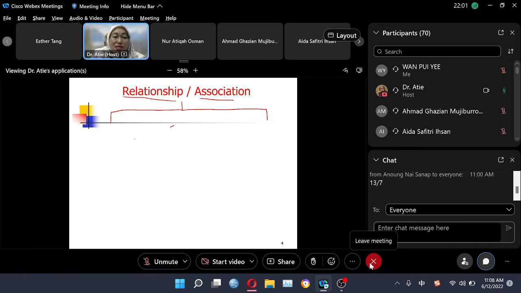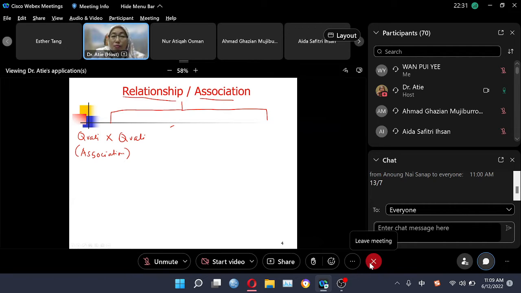So the first relationship I can say is between qualitative and qualitative data, or variable. So it means that we have two quali variables, and we want to find the relationship or association. So if quali versus quali, usually I call it association, right?